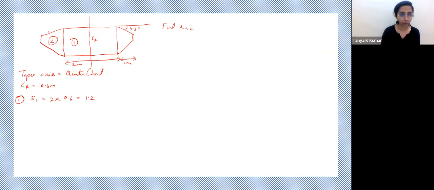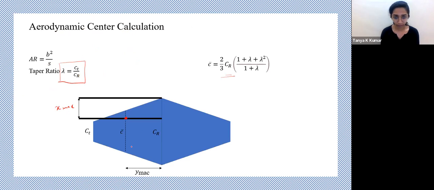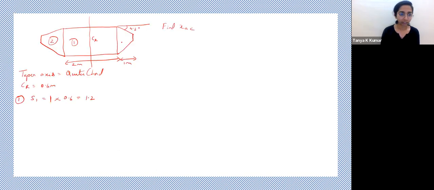Okay, so we'll take only one side and try to find the aerodynamic center on this side. We'll just take this half. That makes it easier to find the aerodynamic center on one side, to find the Ymac. So the mean aerodynamic chord will be somewhere here, and we'll just have to take this area.